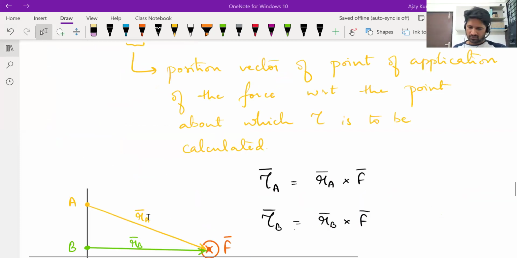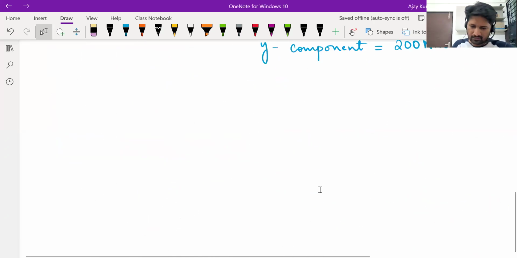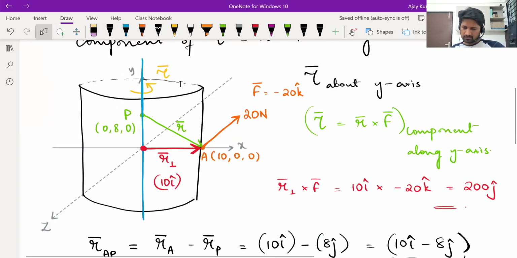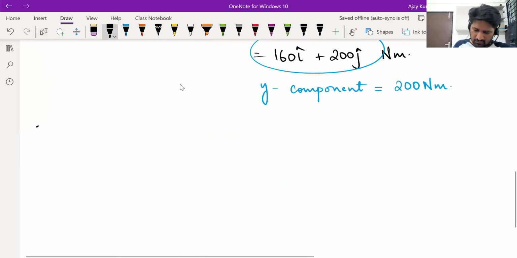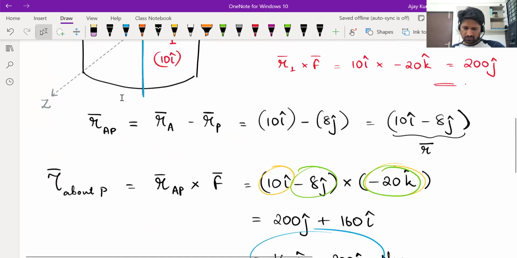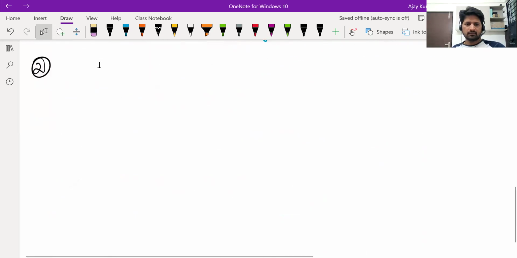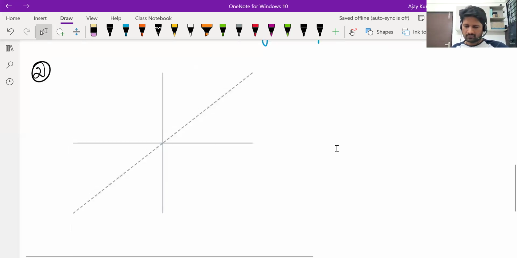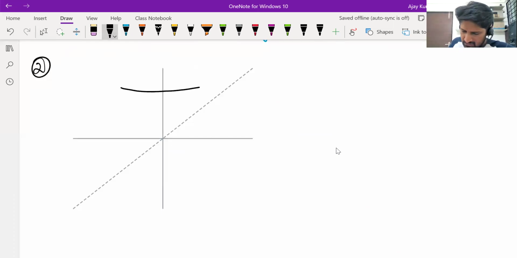Let's discuss some more cases. Consider this now. Let's use this coordinate system itself. In fact, let's visualize a cylinder again.